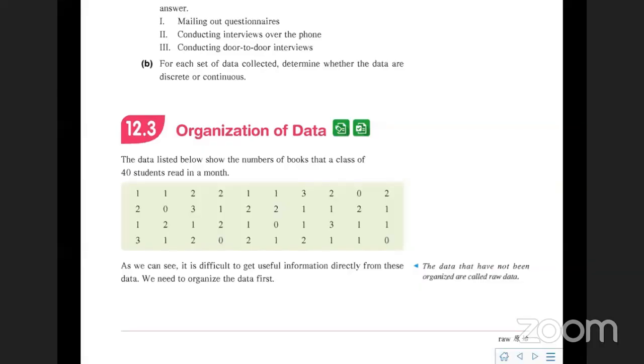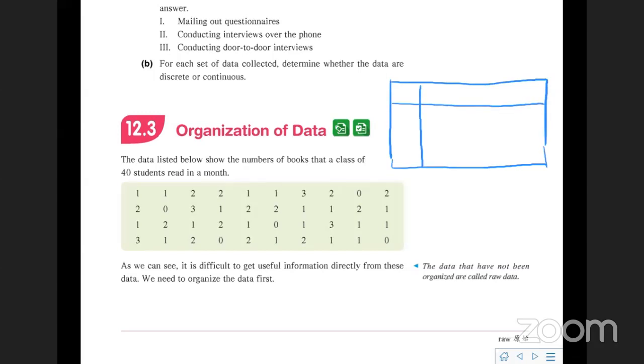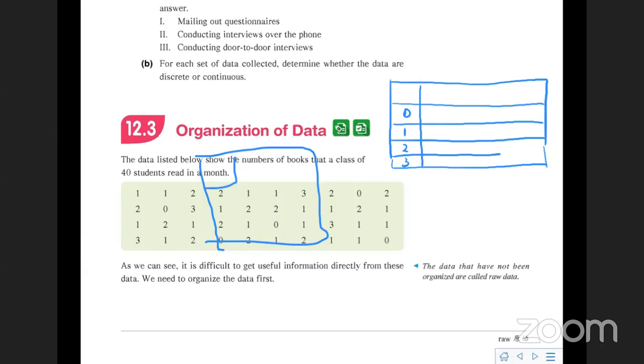Then for example, I would draw a table like that. If I read through the data, someone doesn't read notebooks, and then 1, 2, 3, right? And then I will do the tally.